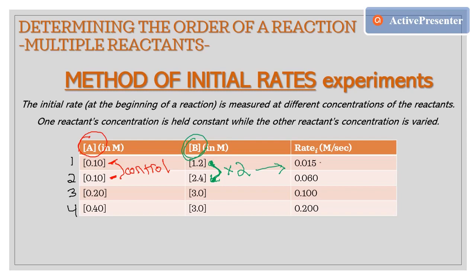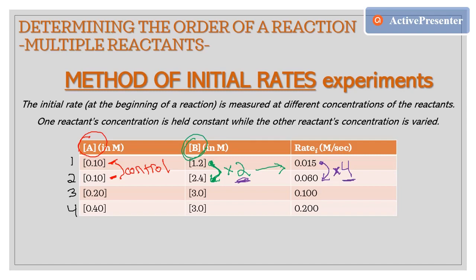As we doubled the concentration of B, the rate went from 0.015 to 0.060. Now that's not doubling, that's quadrupling. This shot up 4 times. As we increased the concentration of B 2 times, the rate was increased 4 times.